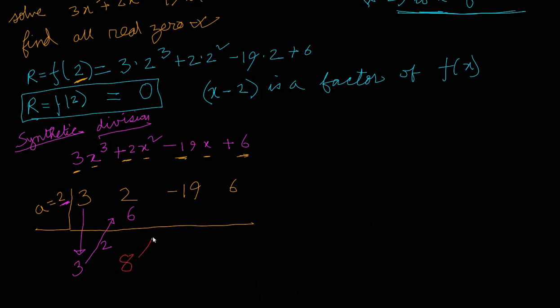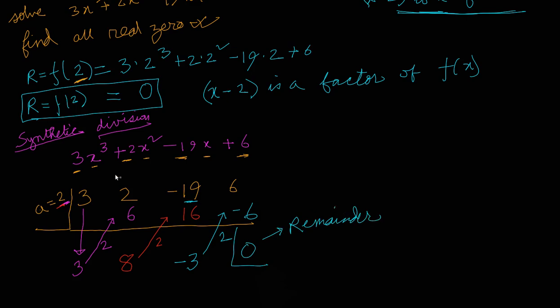Then I multiply 8 by 2, which is 16, and adding negative 19 plus 16 gives negative 3. I multiply negative 3 by 2 and it becomes negative 6. If I add this, it becomes 0. So of course the remainder is 0, which is expected.